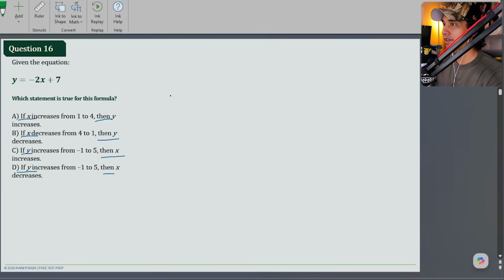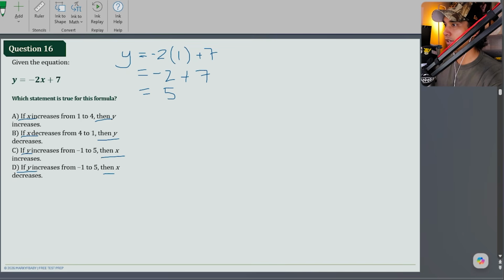Let's test the statement A. Y is equal to negative 2 times 1 plus 7, equals negative 2 plus 7 equals positive 5.